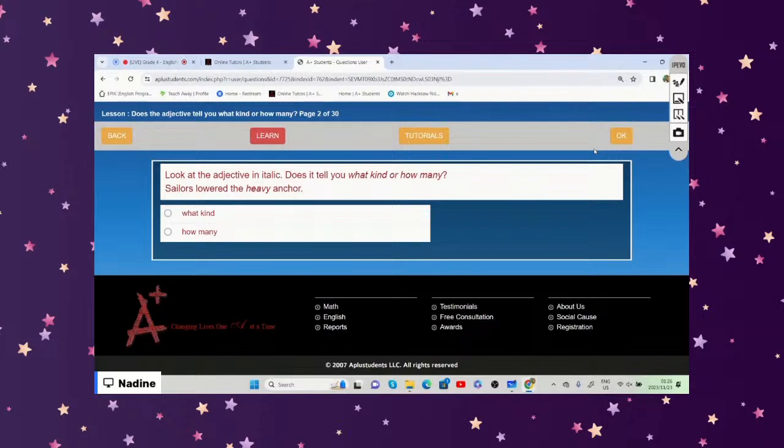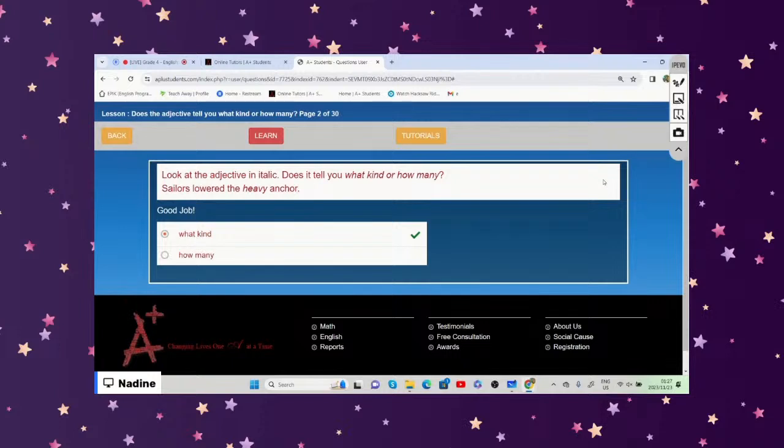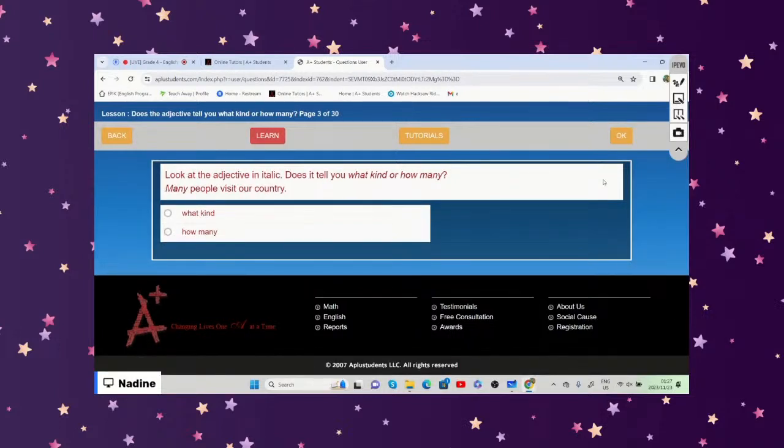Heavy. Does it tell us what kind or how many? And yes, it tells us what kind. Well done. It tells us what kind of anchor.